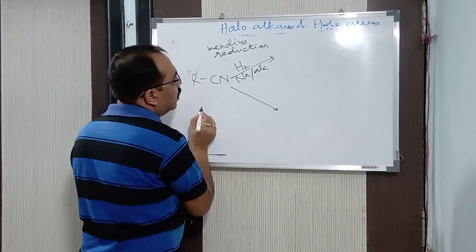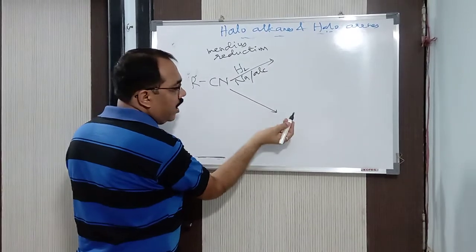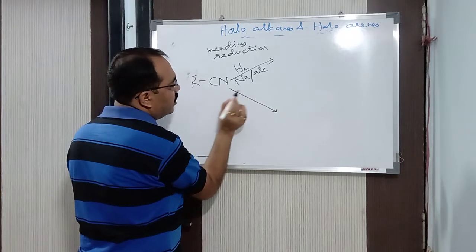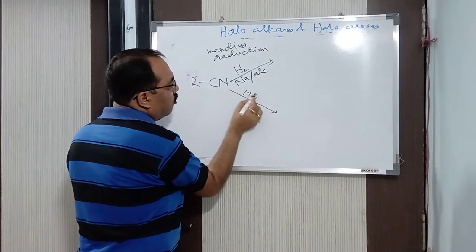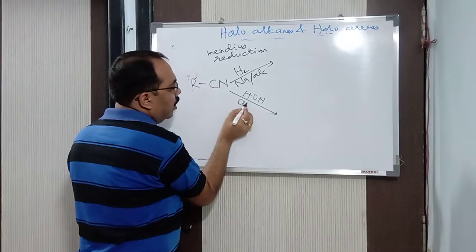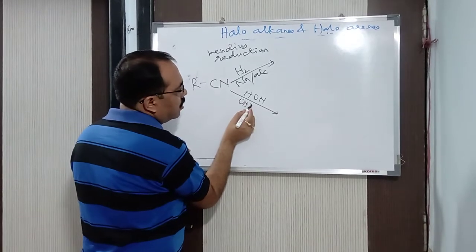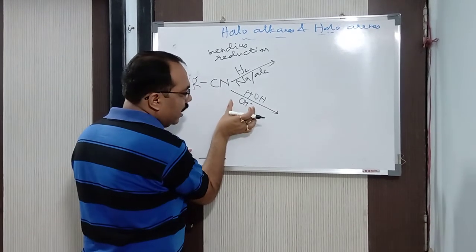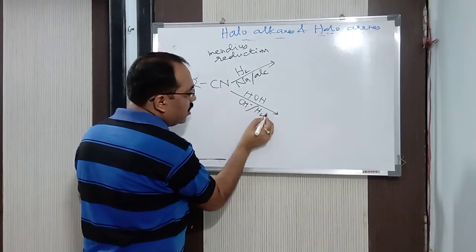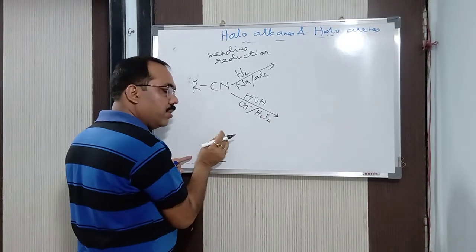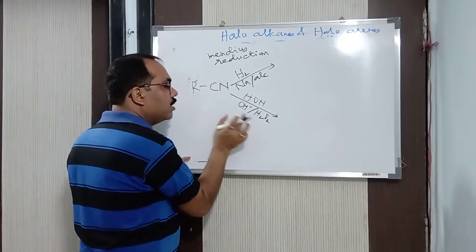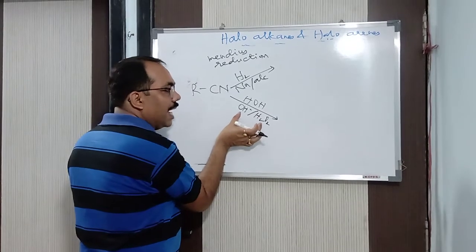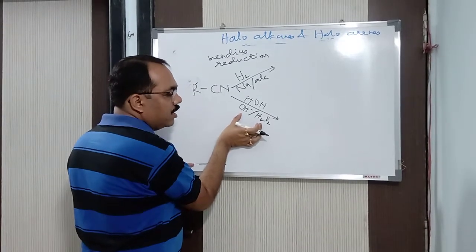Second, if I go for partial hydrolysis, I am going to hydrolyse in an aqueous medium, either alkaline hydrogen peroxide, or a concentrated acid under low temperature.